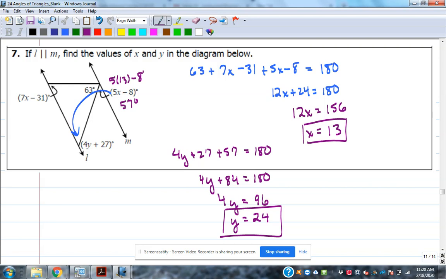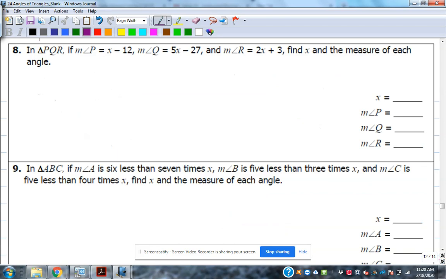All right, when you look at the next set of problems there, you've got no picture involved, but same concept. Triangle PQR. They give you the measure of angle P, the measure of angle Q, and the measure of angle R. What are you going to do with all three of those? Add them up, set them equal to 180, right?